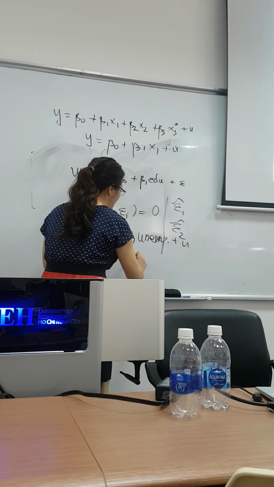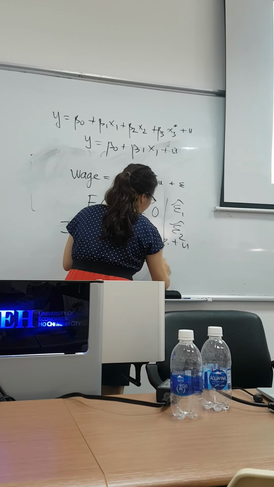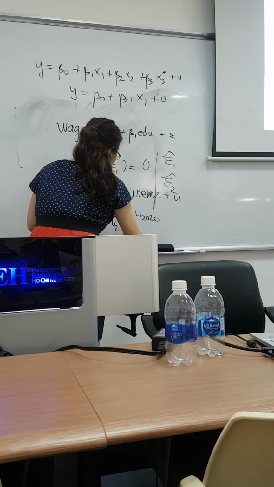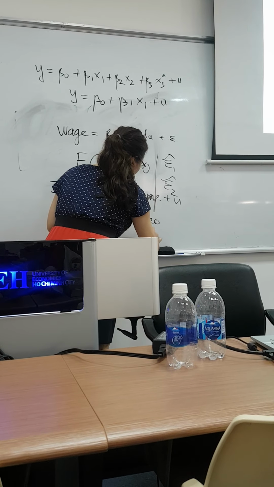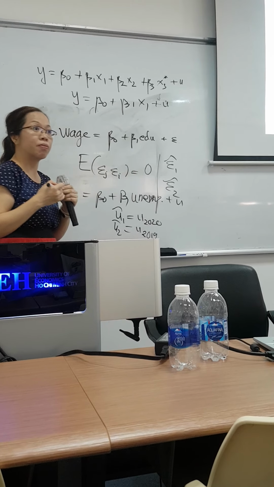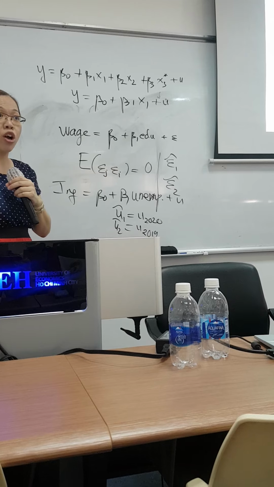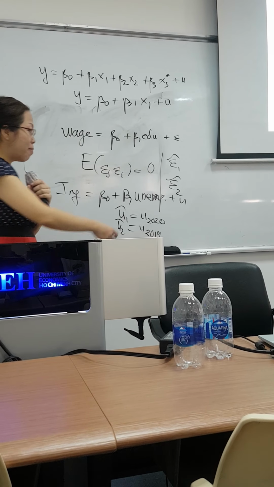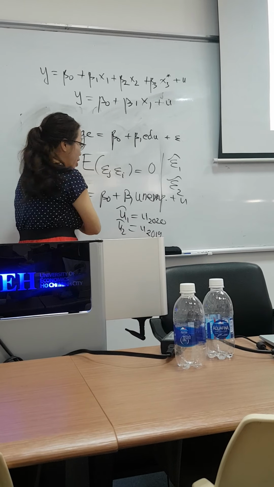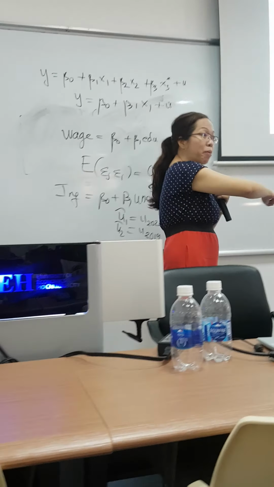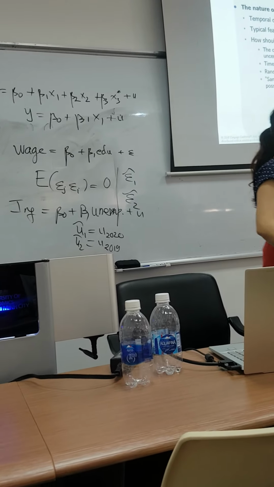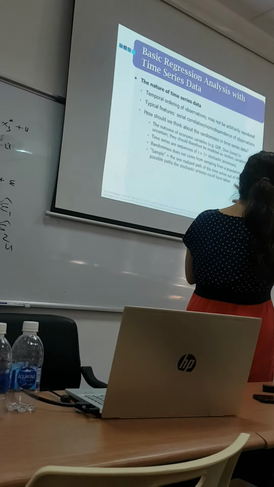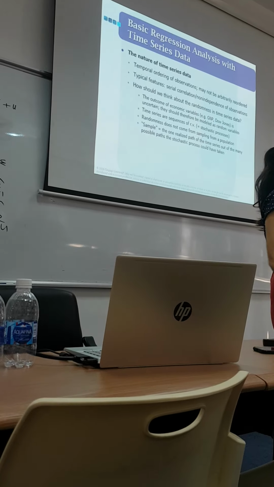The first error term is for 2020, and maybe the second error term is for 2019, and these error terms may be correlated, because it's the same inflation and unemployment, but of different years. So in time series you have the problem of serial correlation.